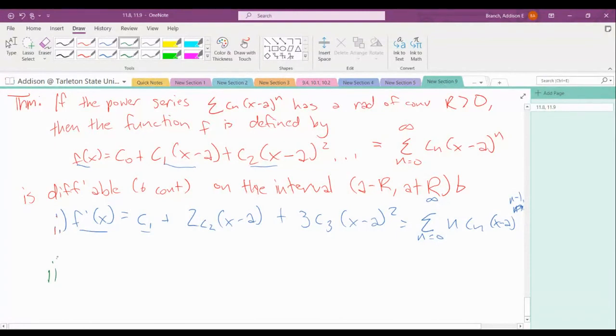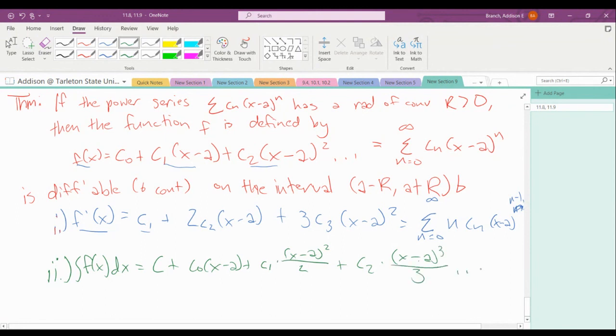Let me switch to another color just so it's not all blending together. We can also do the same thing with integration and say that the integral of f of x dx is equal to c plus c naught times x minus a plus c1 times x minus a squared over 2 plus c2 times x minus a cubed over 3, and so on.